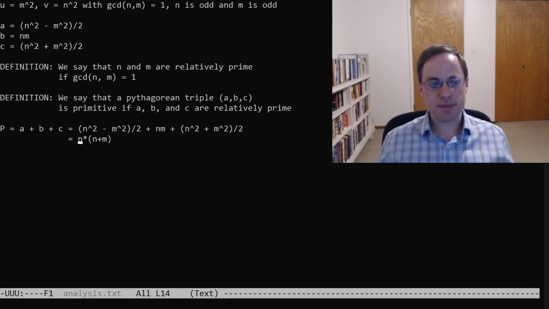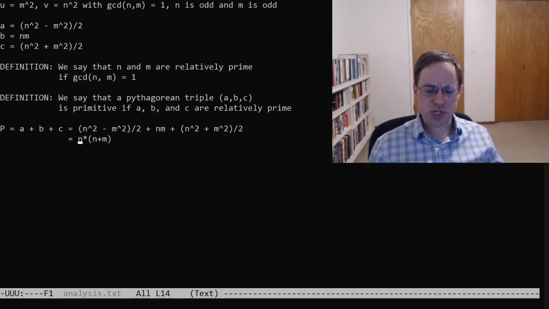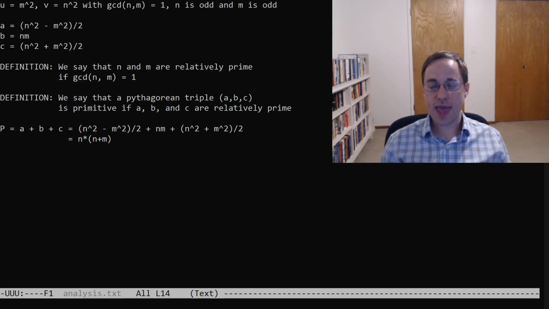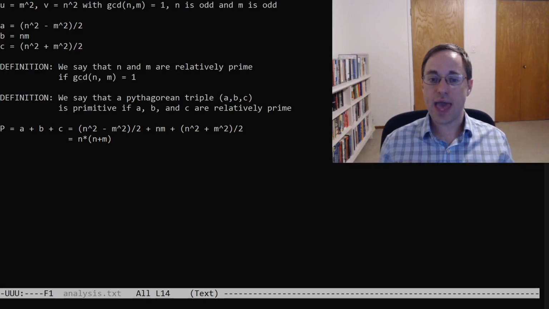But we still need to come up with an upper bound for m. And in order to do that, we should consider what is the smallest perimeter that we can have for a given value of m. And I think it's easy to see that that occurs when n is exactly m plus 2.